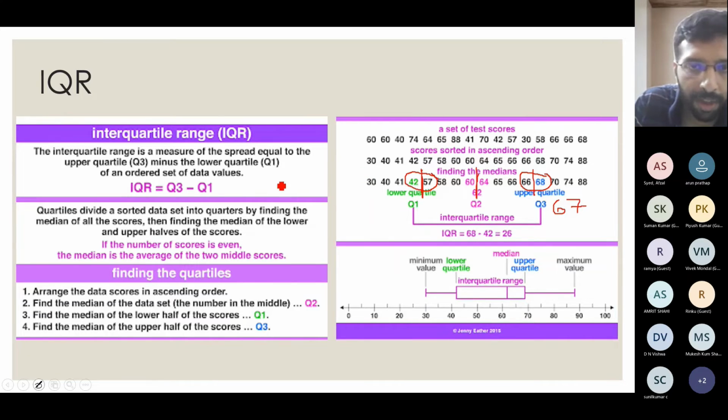So your interquartile range will be not this; this is actually wrong. I'll correct it when I release this PDF. It will be 67 minus 49.5, so 17.5 will be my interquartile range.